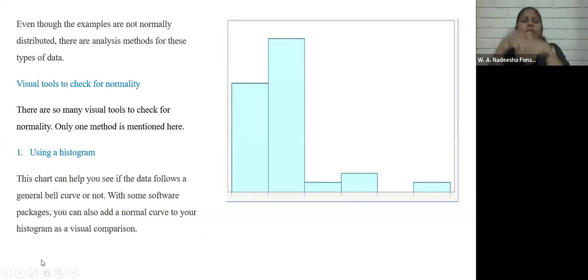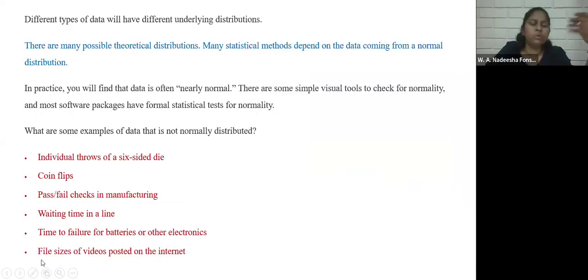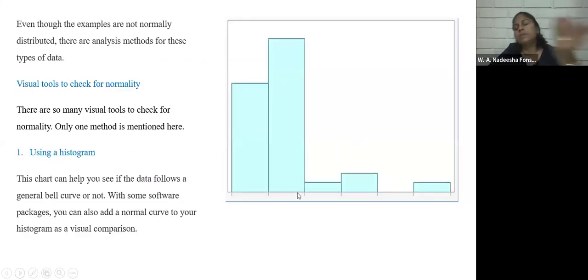So this method is using the histogram. First we have to draw the histogram for this type of data. If you have data which are not normally distributed, for example, waiting time in a line or individual throws of a six-sided die, then using that data we can draw the histogram.